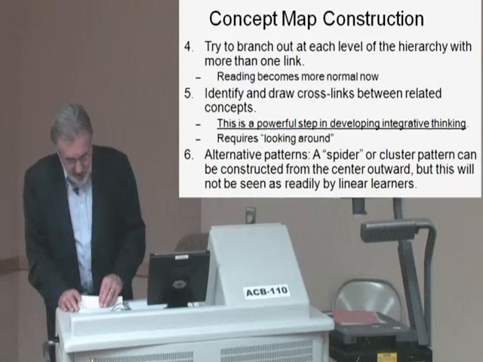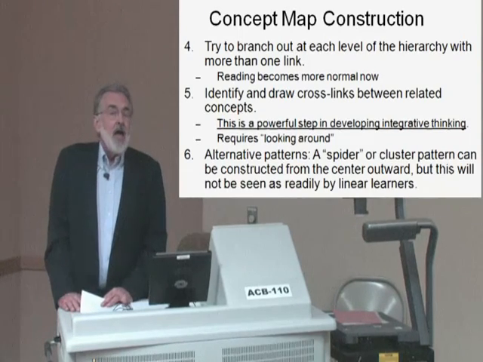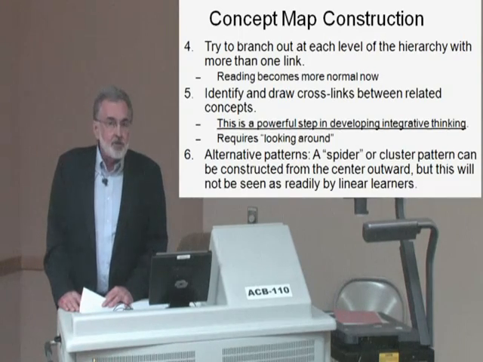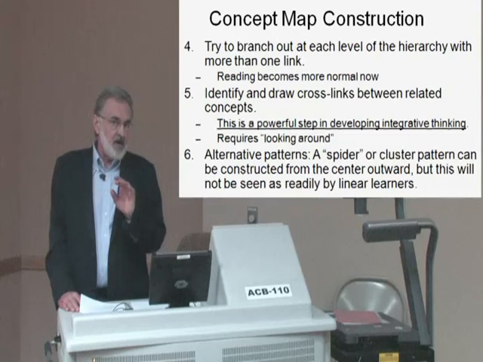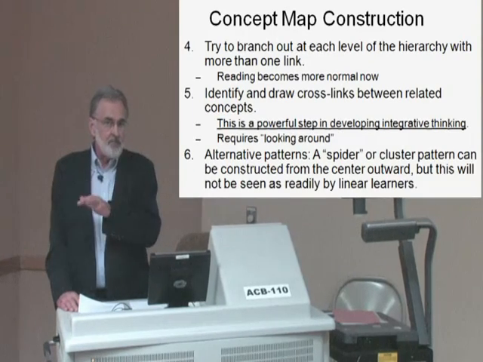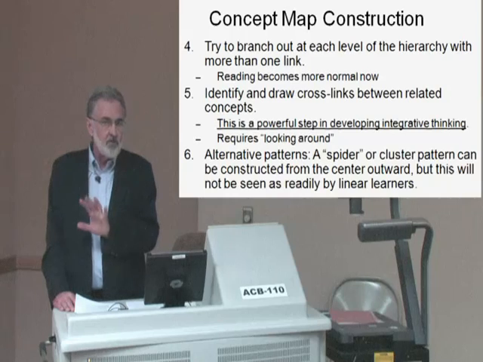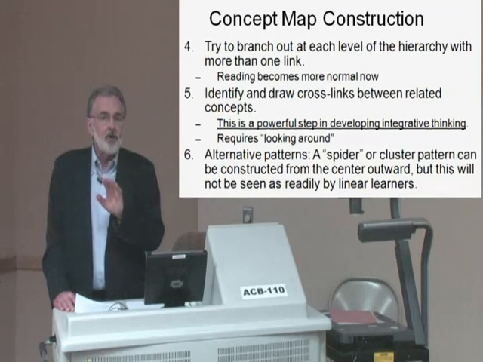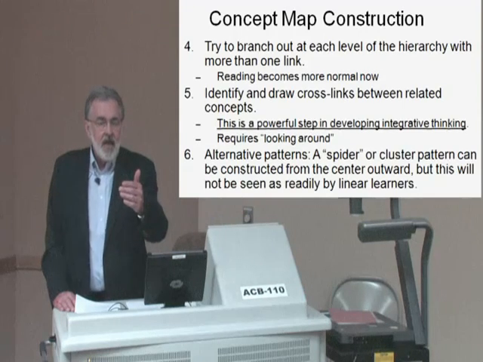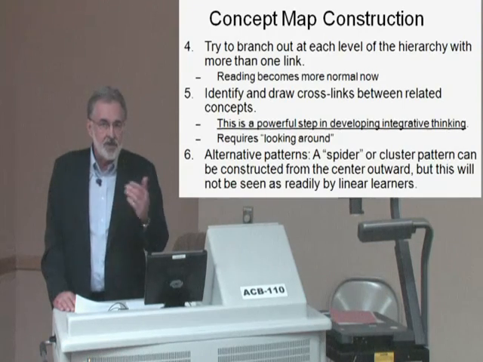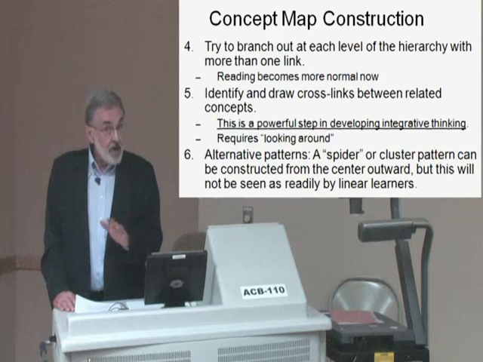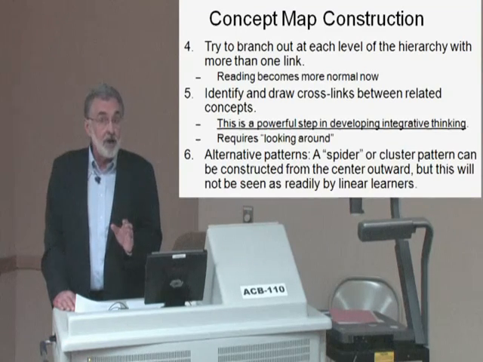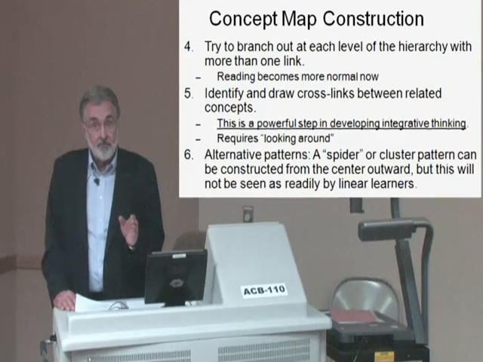Okay, now item number 5 asks you to now, at this point, now that you have categorized and branched everything that you have been reading, now start looking for the cross-links. Go back and try and find things that connect together. Sometimes the faculty will give you a clue about this during lecture.